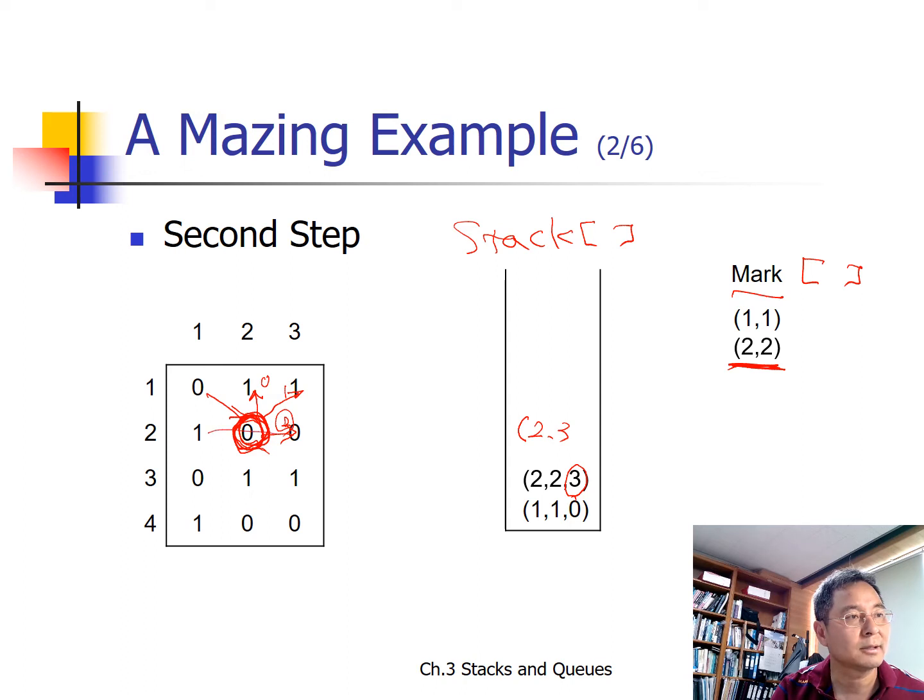The direction used to arrive here is 2. And also we will store 2, 3 in the mark array.